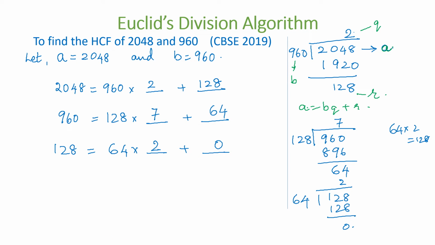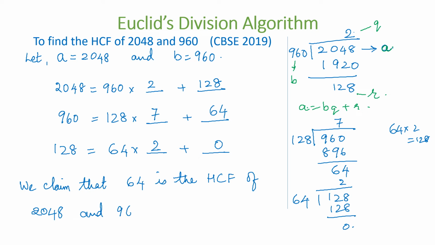Now we claim that 64 is the HCF of 2048 and 960. So you see that I have successively used the lemma 3 times in order to find the HCF, till we come to the remainder equal to 0.